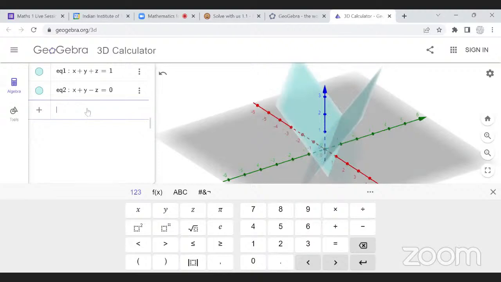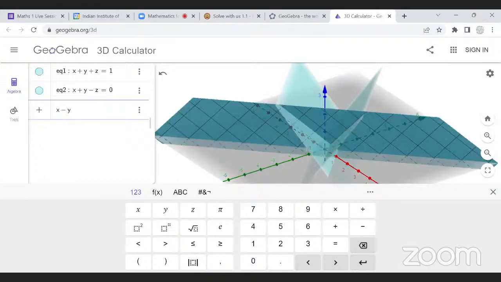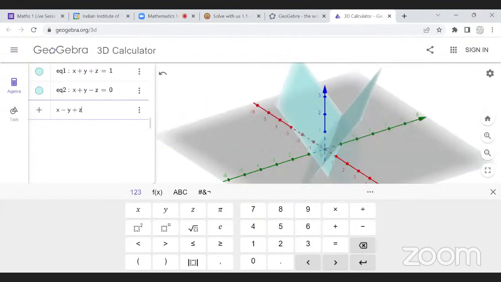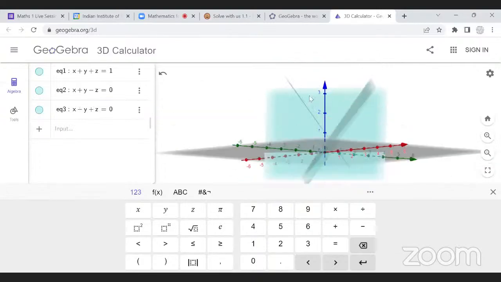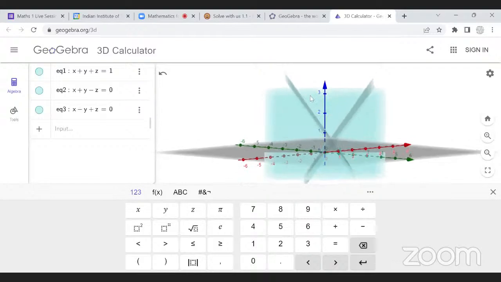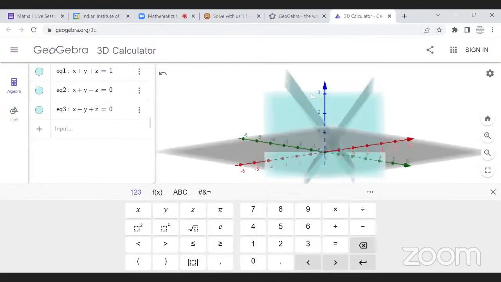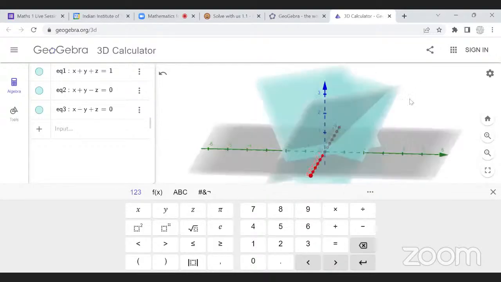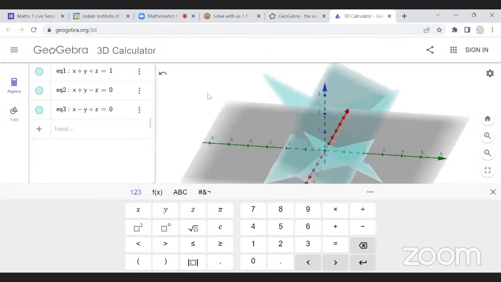Now let's add x minus y plus z is equal to 0. These planes don't intersect. Is it clear? Maybe I'll change the color.